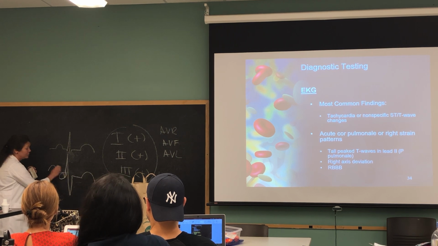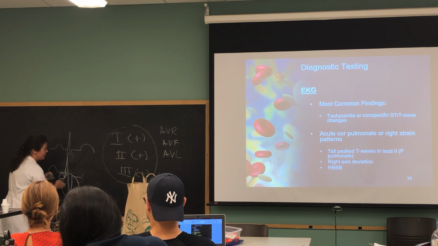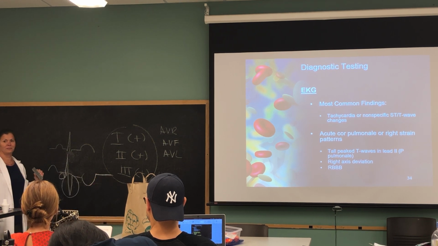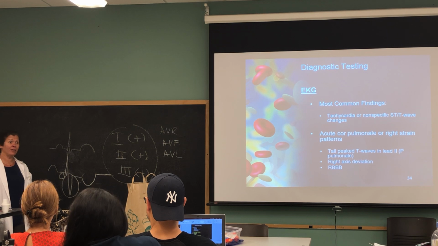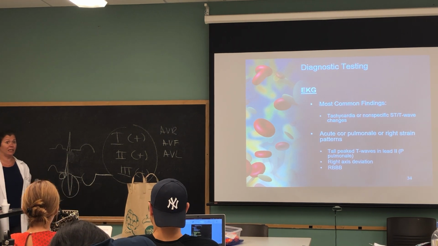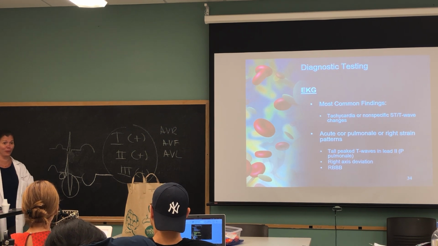I have a Q, I have an S, and even more if I have an inverted T. So if I have an S in lead 1, a Q in lead 3, and an inverted T in lead 3, most likely, more than 90%, I have a PE.